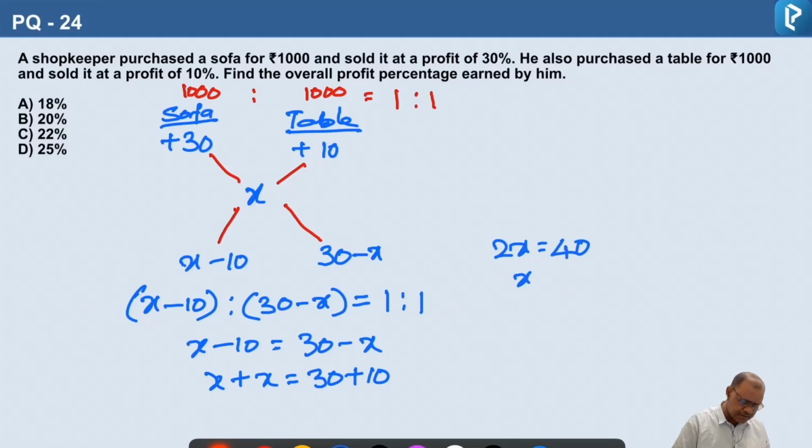X is equal to 20. So that means overall profit percentage is 20%. So option B is the right answer.